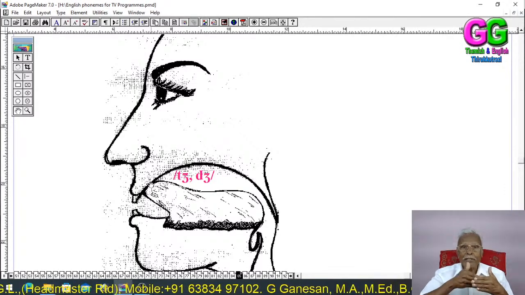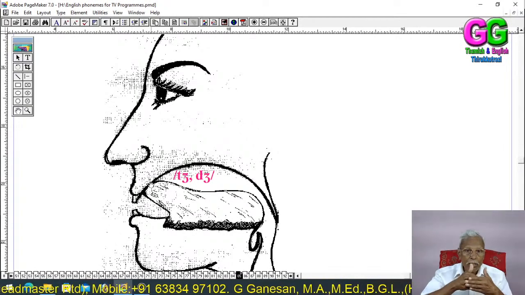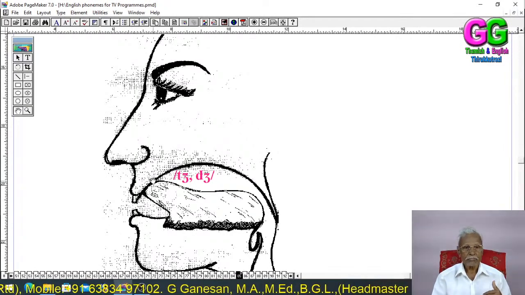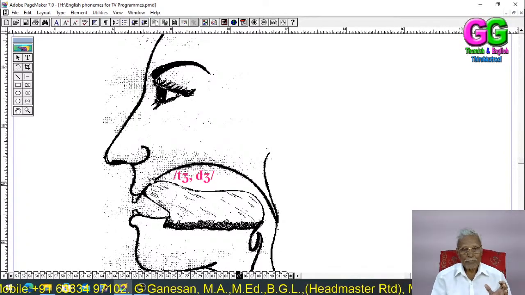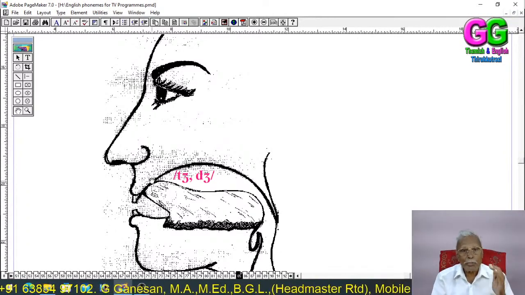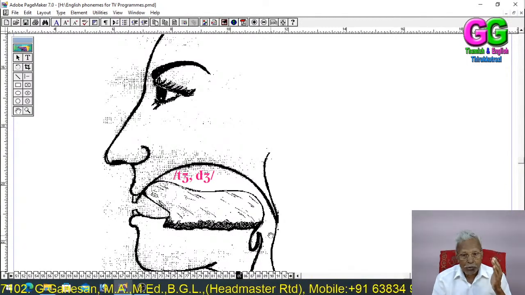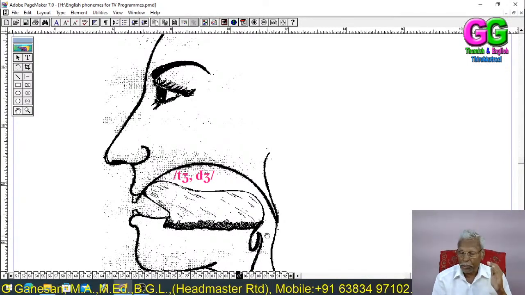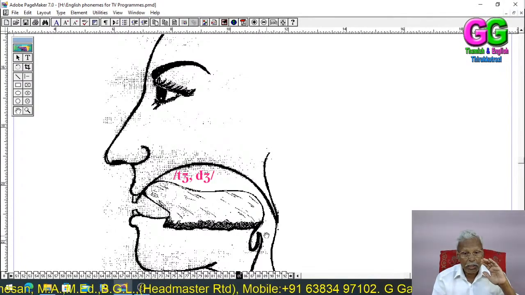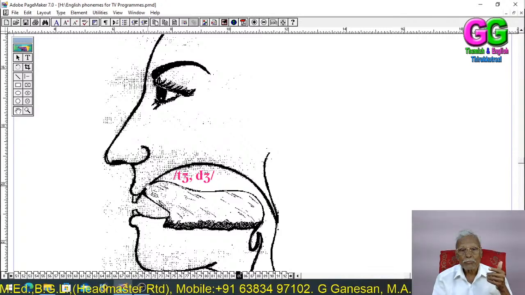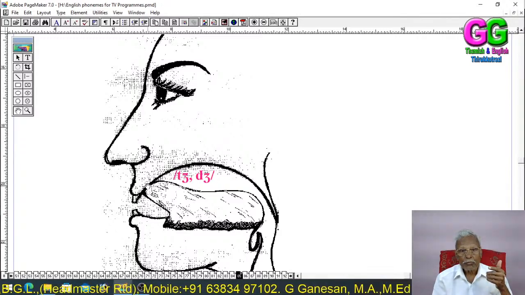This is the hard palate. Sounding here means sending out the air pushed out by the vocal cords through this way.